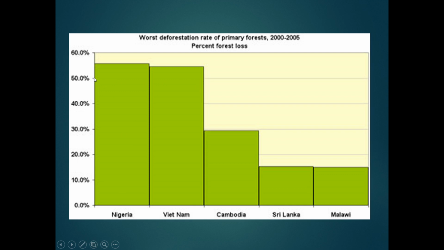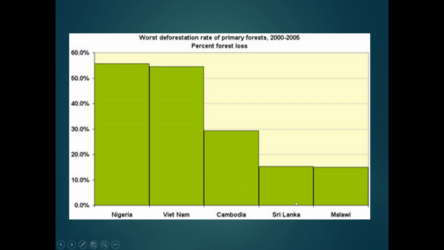And that reflects international interests, the global demand for wood, and the fact that these countries really need some income. Cambodia, Southeast Asia, of course, is not far behind at 30%.